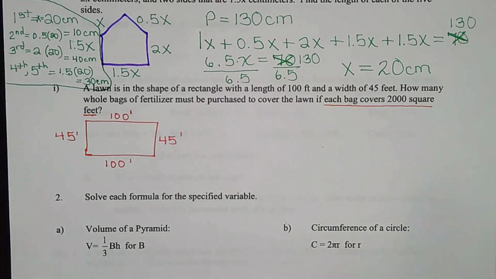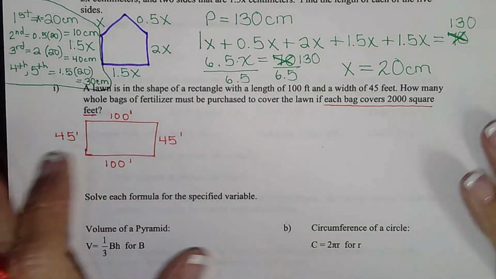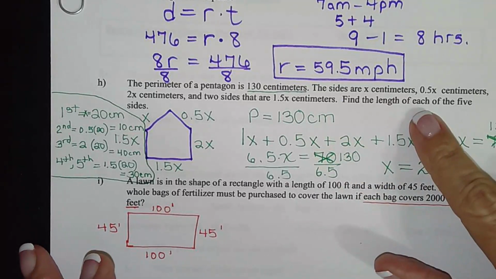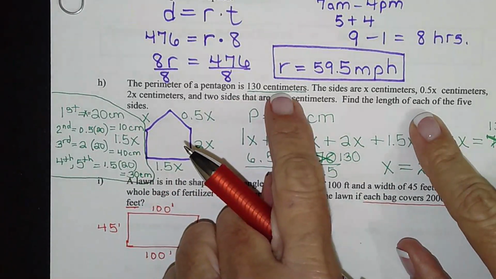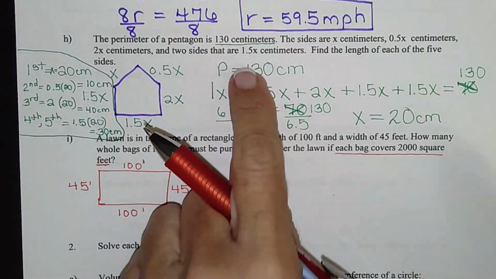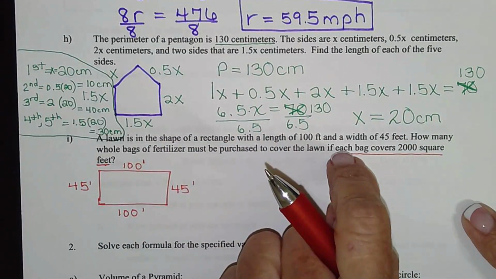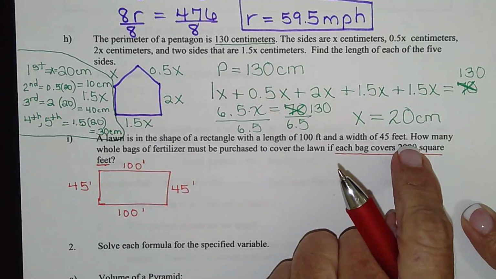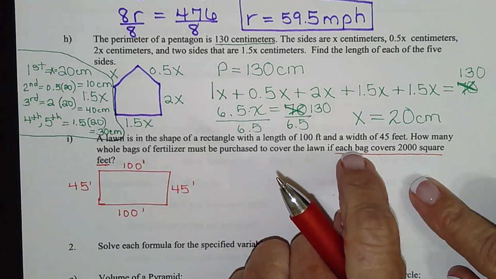So I train my 081 students, the minute they see square feet, that means area. So they're trained. When it's just feet or just centimeters, that's perimeter. When it's centimeters squared, feet squared, yards squared, that means area.